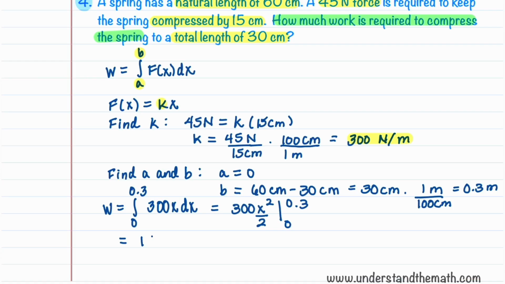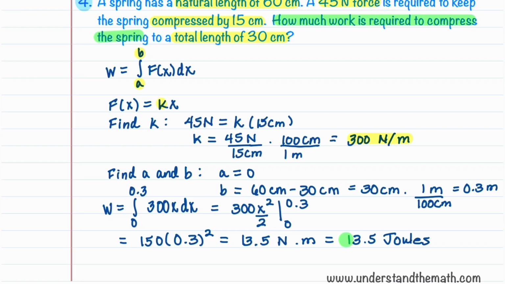We then have 150 times 0.3 squared, and this is equal to 13.5, and our units are going to be newtons times meters. And we usually write that in terms of joules. So we get an answer of 13.5 joules.